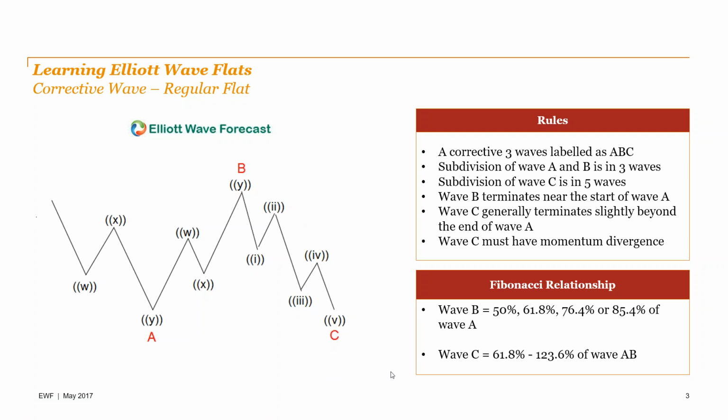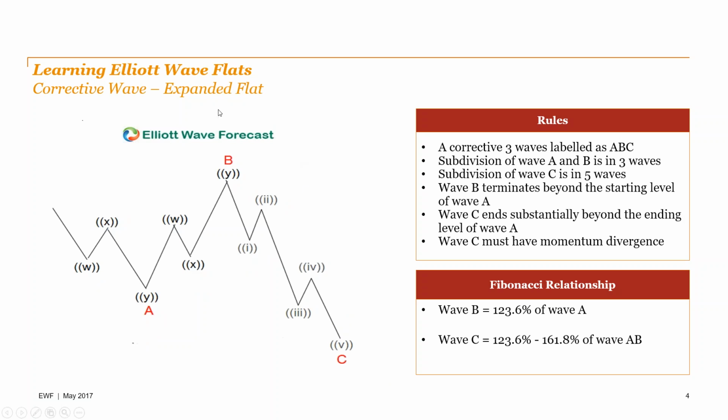Okay, so this is a regular flat. Let's take a look at another one. This is an expanded flat. The difference is in here: B terminates beyond, and C ends substantially beyond the A. So we get this type of move. This is the most devastating type of flat, to be honest, and I will tell you why.